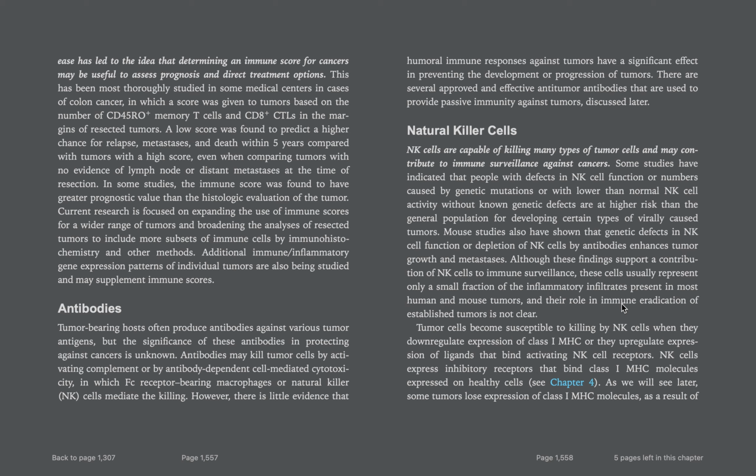Even when comparing tumors with no evidence of lymph node or distant metastasis at the site of resection, in some studies the immune score was found to have greater prognostic value than histological evaluation of the tumor. Current research is focused on expanding the use of immune score for a wide range of tumors and broadening the analysis of resected tumor to include some subsets of immune cells by immunohistochemistry and other methods.